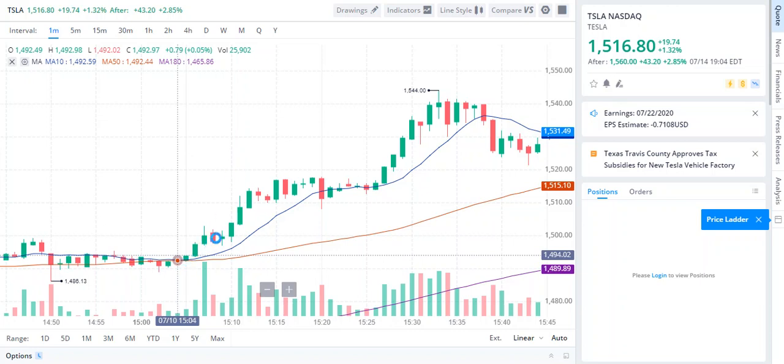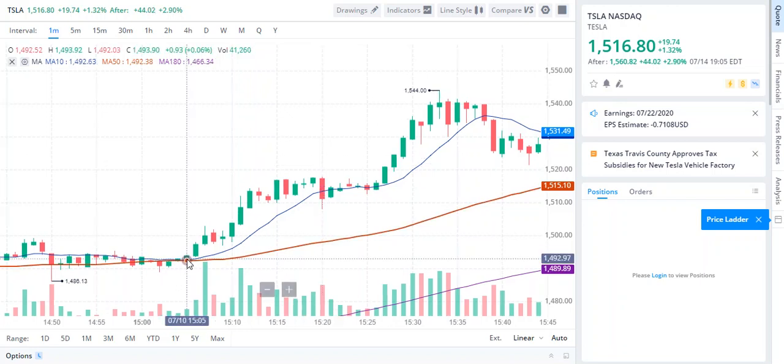And it's going up, and then across below, and then across above again. So now your new support is right up here around the 1515 mark. So it goes above, which means the price around here is your support, and that price being 1492.93 is your support.